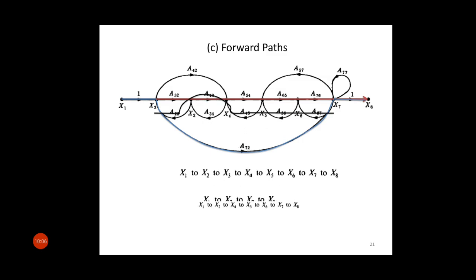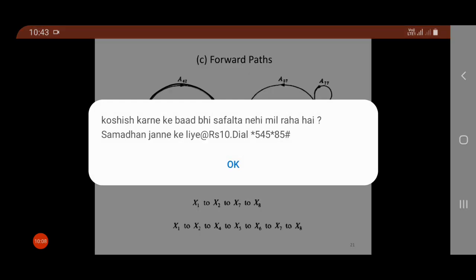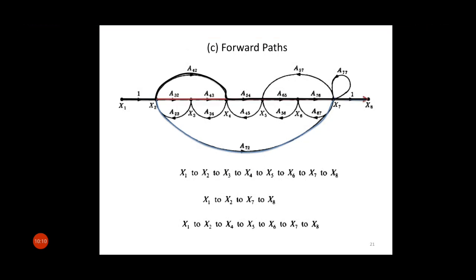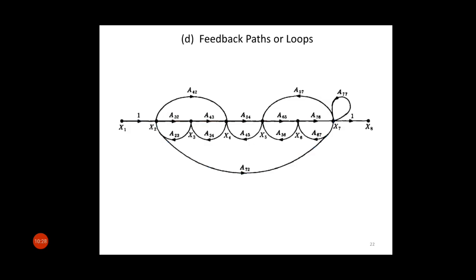And this is the third forward path: x1 to x2 to x4 to x5 to x6 to x7 to x8. So there are only 3 forward paths.